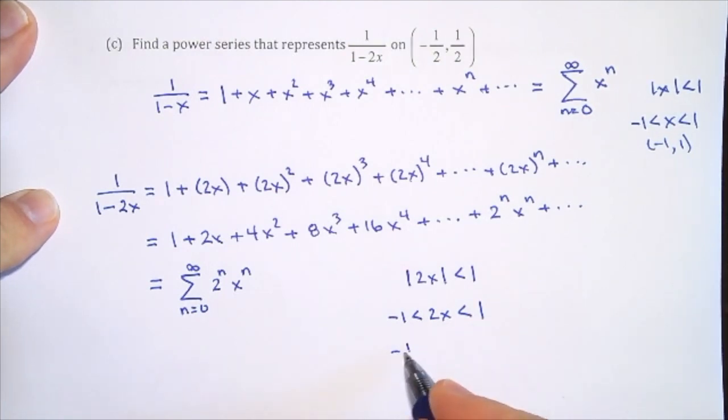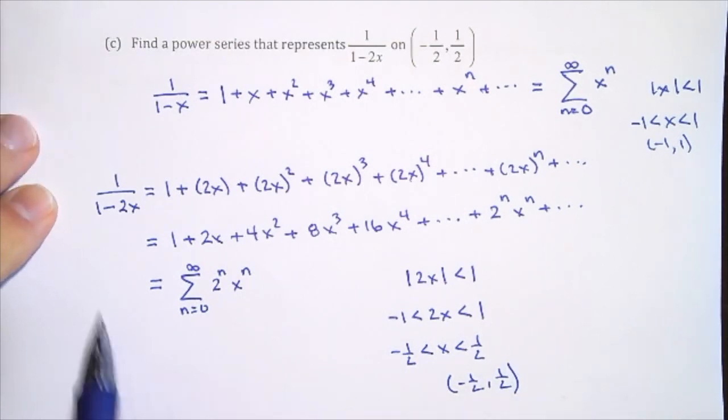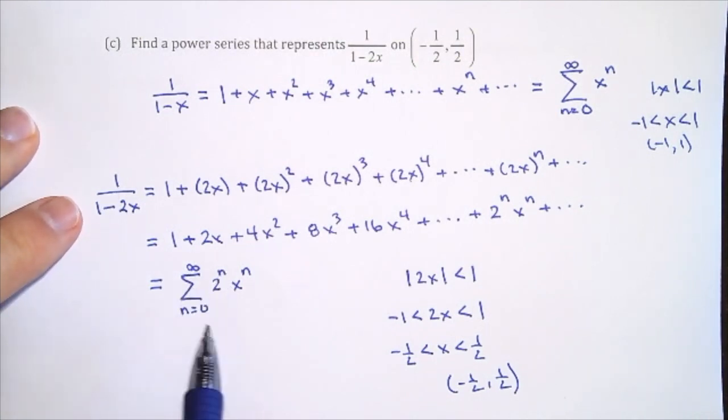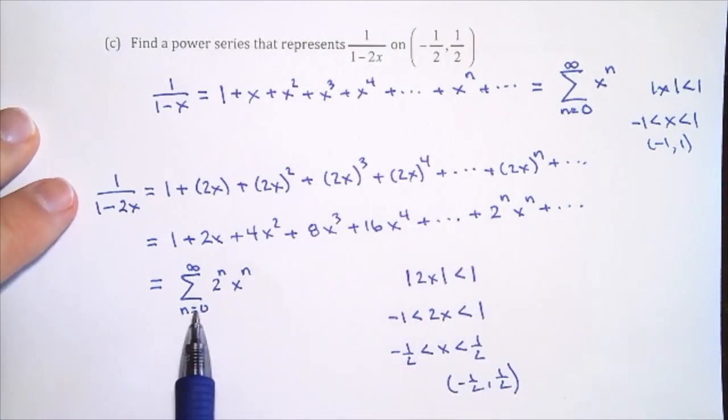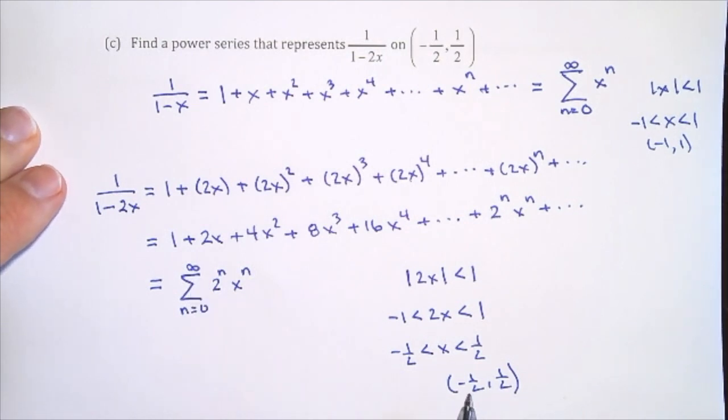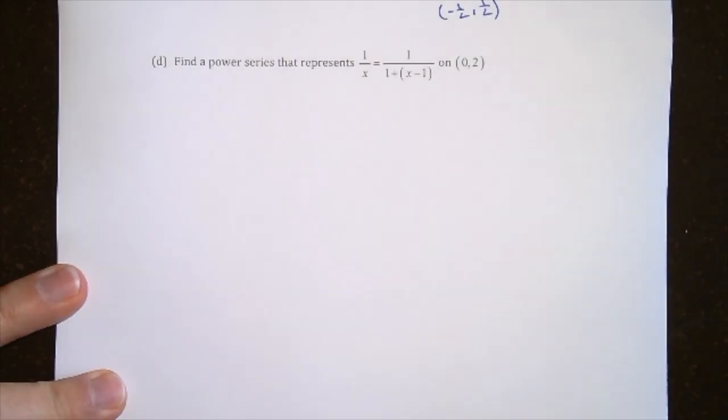And then dividing each of these by 2, we get negative 1 half is less than x, which is less than 1 half, which is the open interval negative 1 half to 1 half. So this function 1 over 1 minus 2x and the infinite series that's represented right here and also in sigma notation, these are the same, but a couple things. They are only the same for x's between negative 1 half and 1 half, and the series has to go forever.